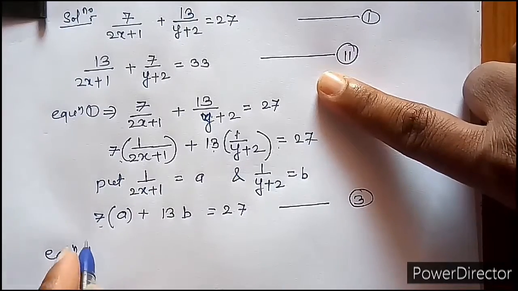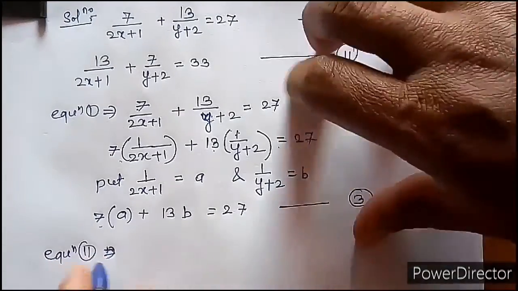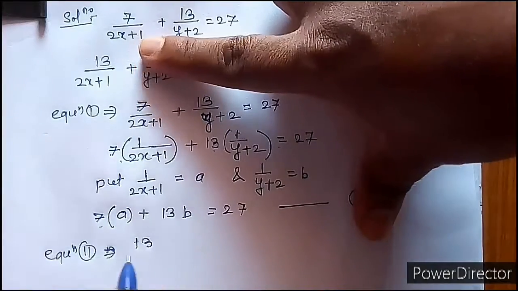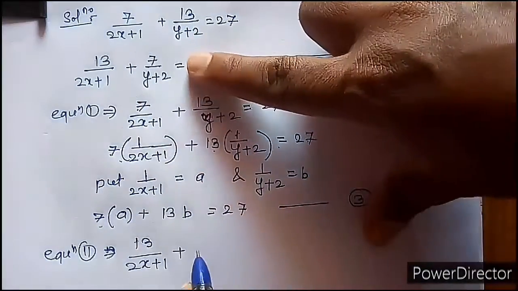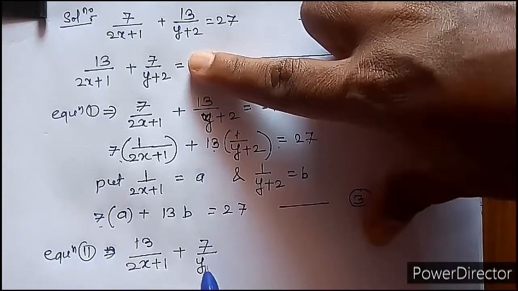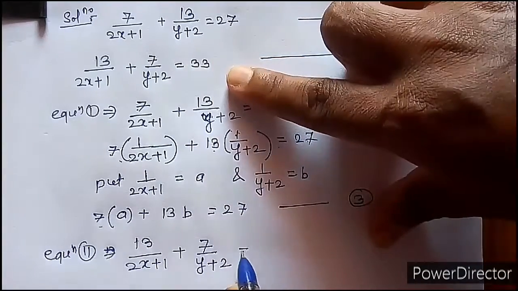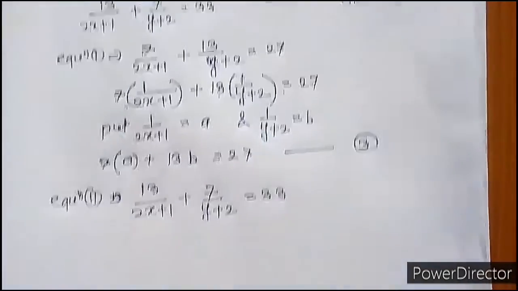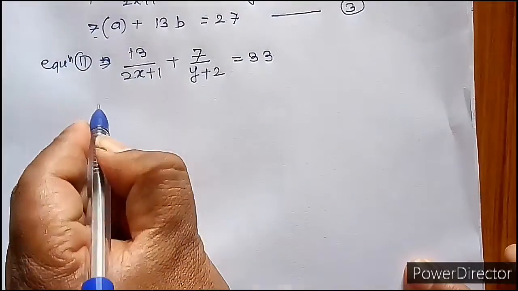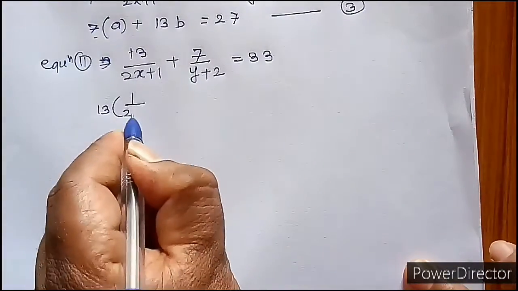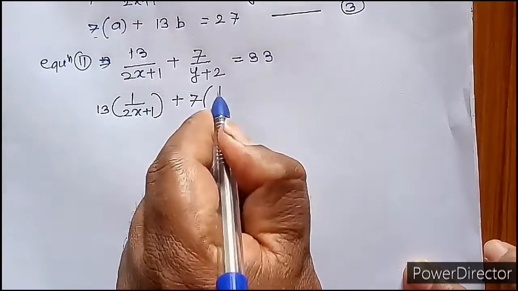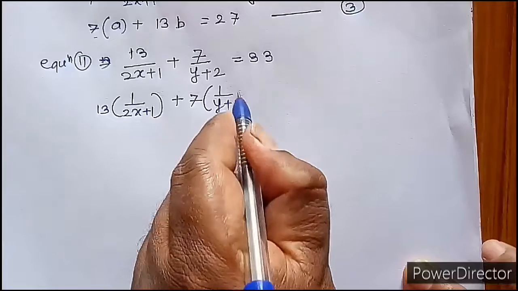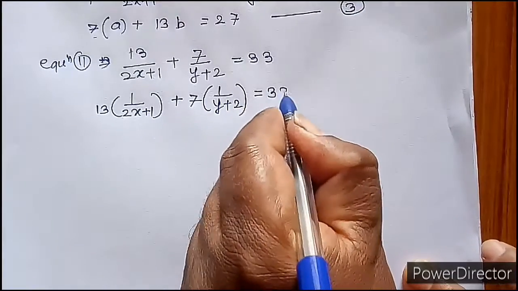Our equation 2 is 13 by 2x plus 1 plus 7 by y plus 2 equals to 33. Now this can be written as 13 into 1 by 2x plus 1 plus 7 into 1 by y plus 2 equals to 33.